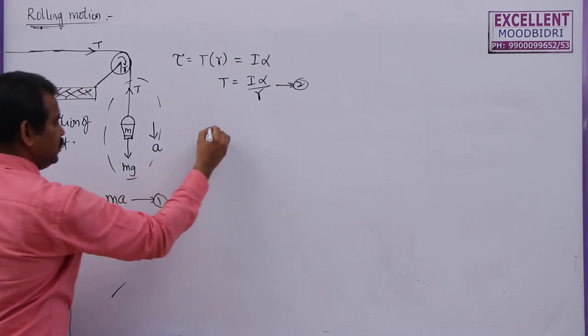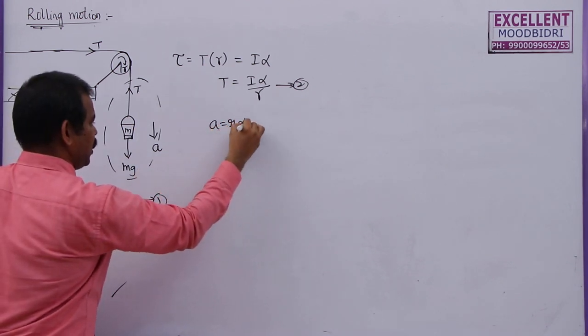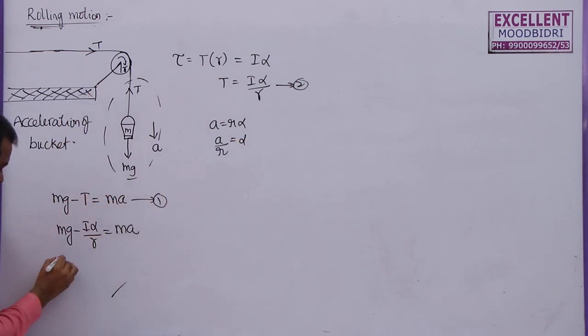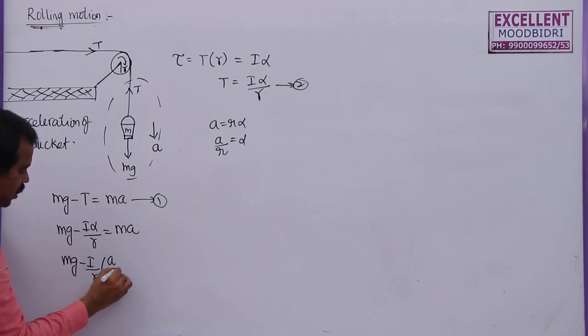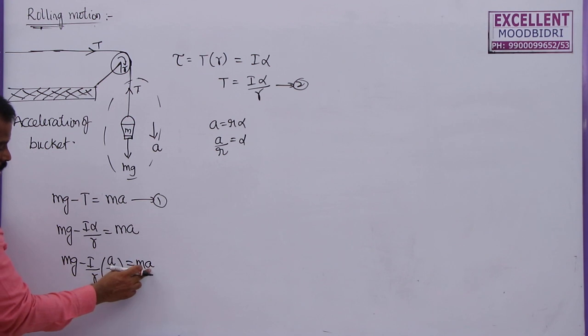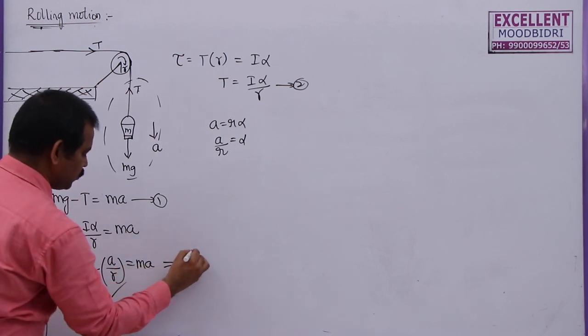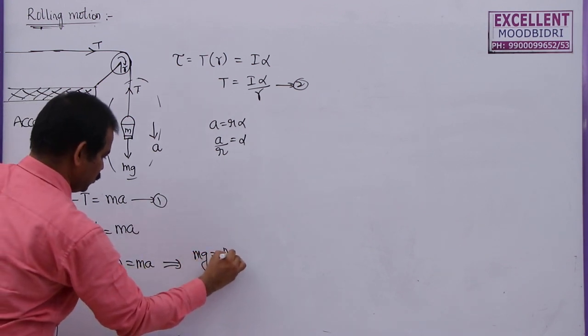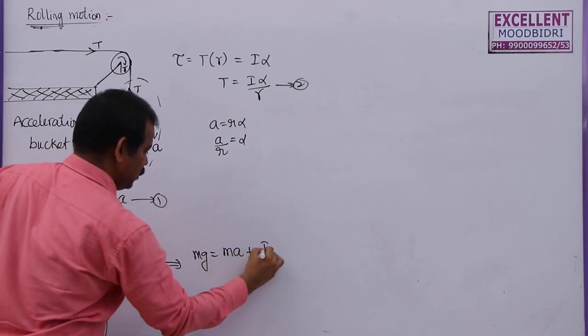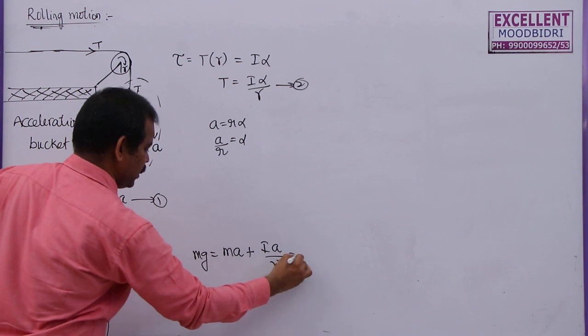We know that a is equal to R alpha, or alpha is equal to a by R. Now this will become mg minus I by R into alpha, given by a by R, is equal to ma. Now I want to find out this a. Here we have one a, here we have one more a. So this equation can be written as mg is equal to ma plus, this minus will become plus, I into a by R square.